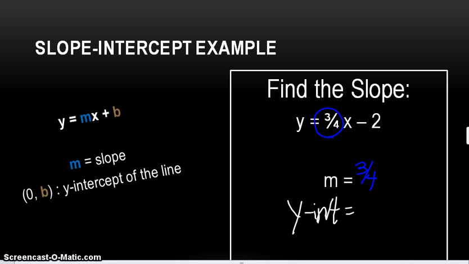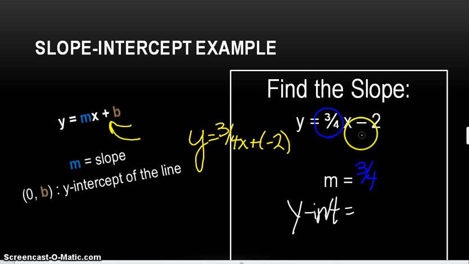Like I said, I like to rewrite my equations so that they look exactly like in the example. So I'm going to rewrite this to look like this: y equals 3/4 x plus negative 2. Okay, now some of you should be able to see that that's a negative 2 just by looking at it, but some of you may need to rewrite it, and that's totally okay. So that tells us that our y-intercept is this negative 2.